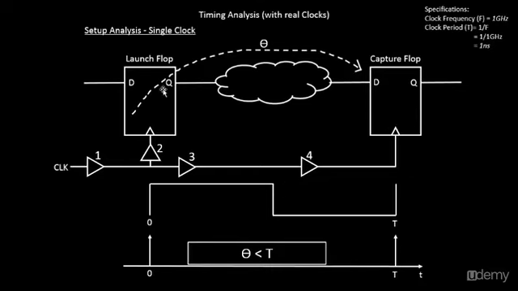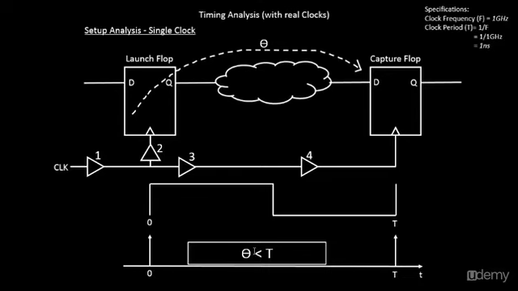Here we are actually showing the flops, whereas in the previous videos we were looking only at the clock endpoints. This is called real clocks. When we propagate the clocks from this point to this clock endpoint and that clock endpoint, how does this equation change?